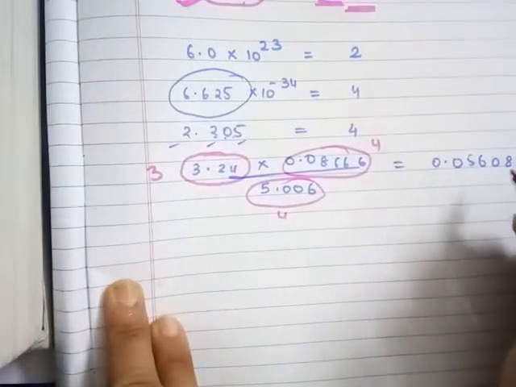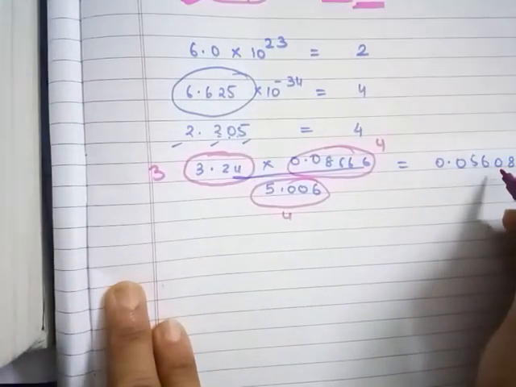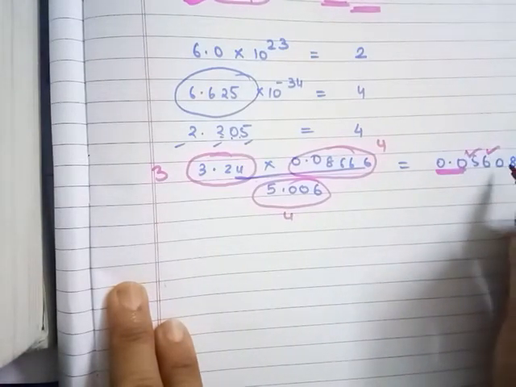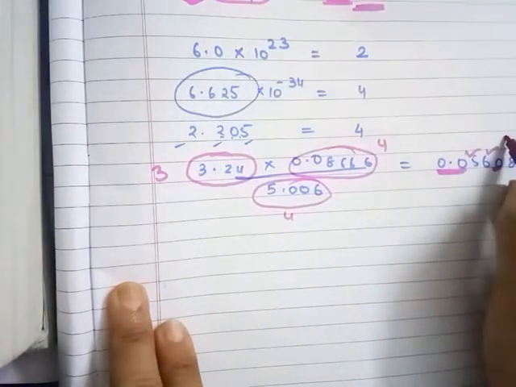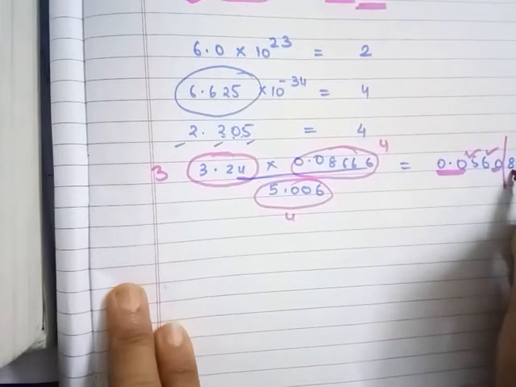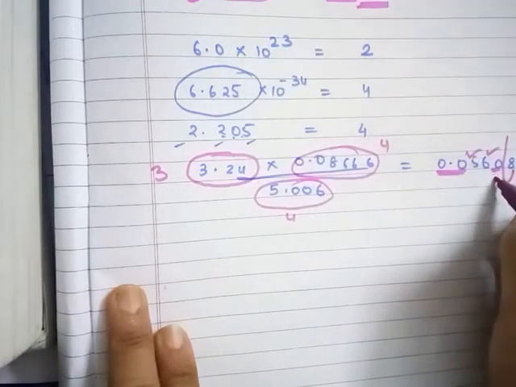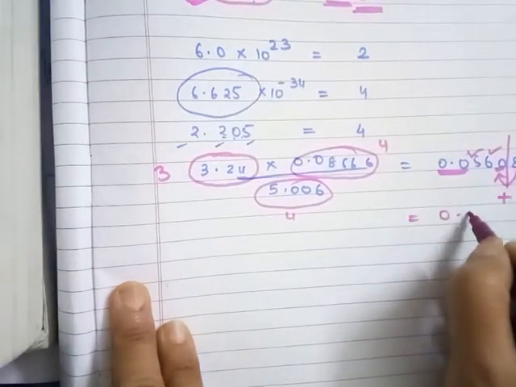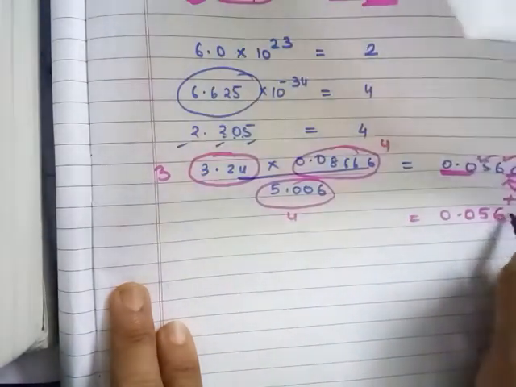Now when I talk about 3 significant figures, these zeros are not significant, this is significant, this is also significant. Now I'll see the next number. This is greater than 5, so add 1 to it. So the number would be 0.0561.